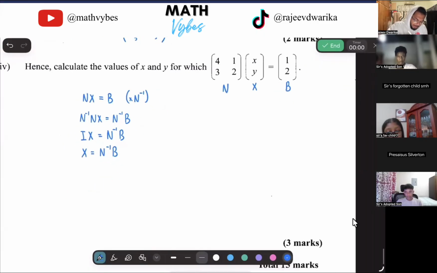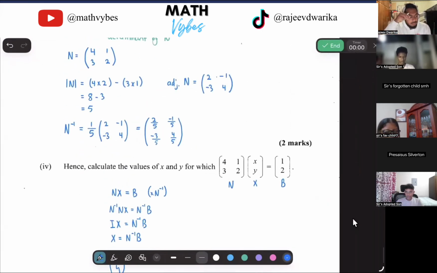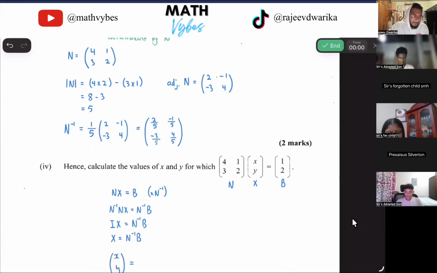And we know that matrix X is x, y. And that's supposed to be equal to n inverse by b. Do we know what n inverse is? Yes, sir.